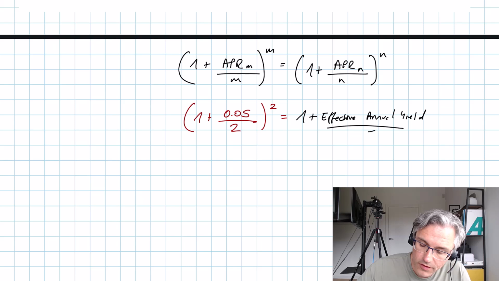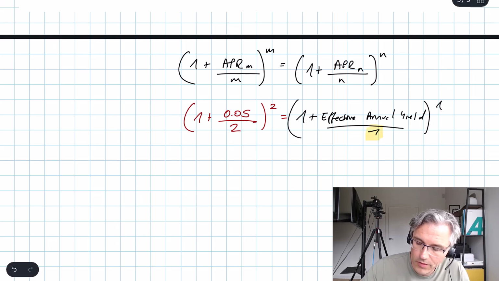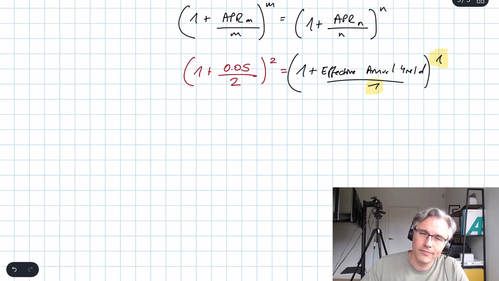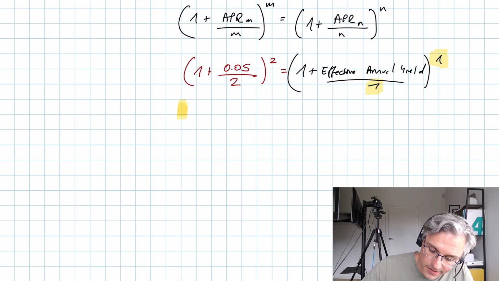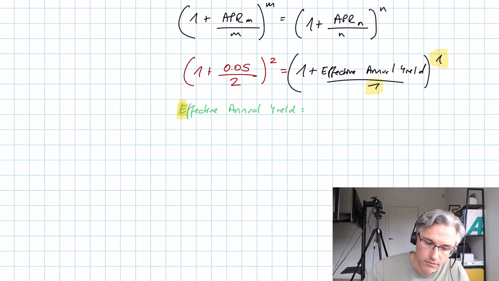Simply, of course, divided by 1 to the power of 1. But dividing by 1 and taking to the power of 1 adds nothing here. So I can basically say that the effective annual yield equals 1.025.